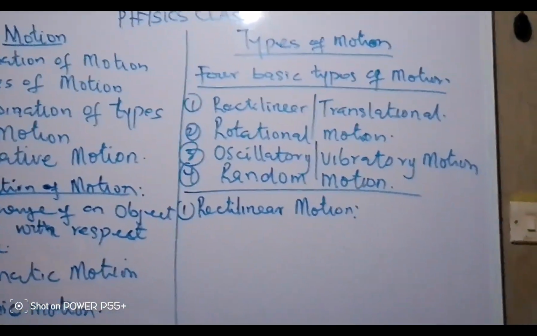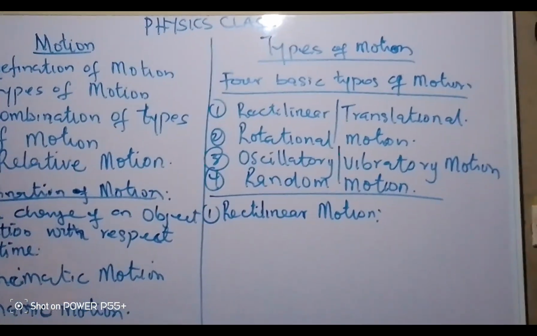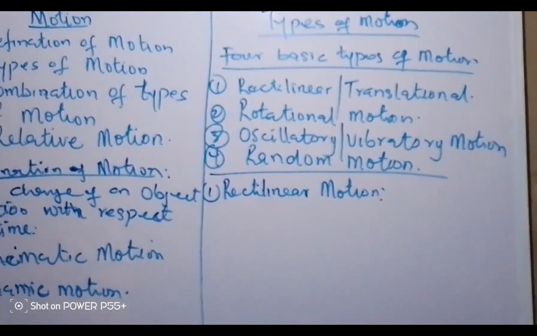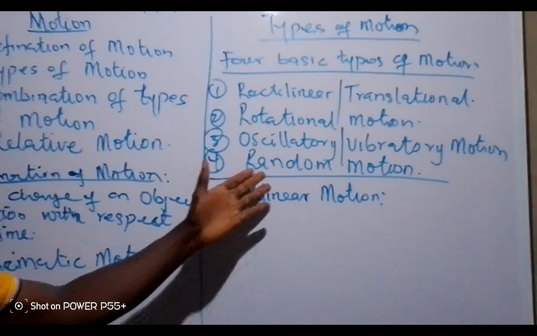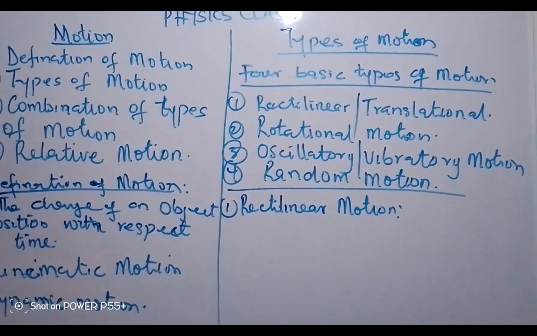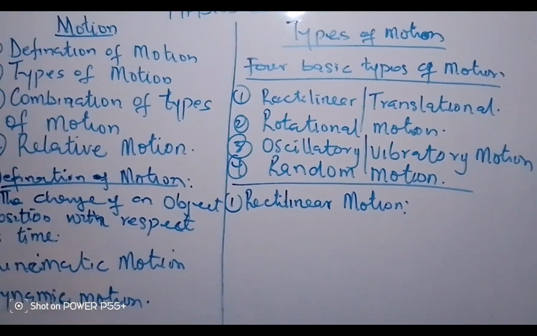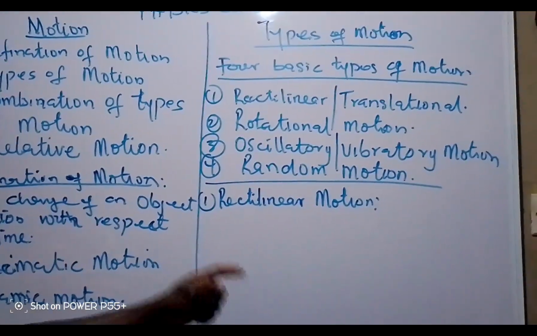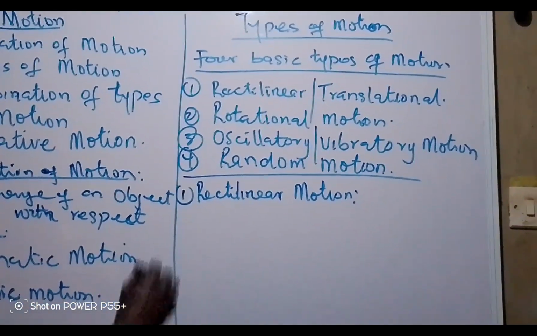Now, let's take it one after the other. Mind you, I said 4 basic types of motion. It means we can still have other types of motion, but these are the basic types that we can have. The first one, which is rectilinear.